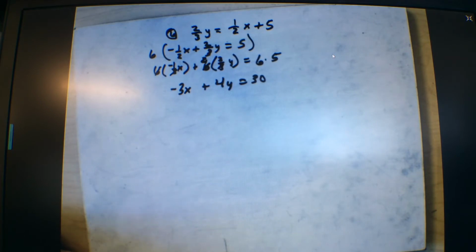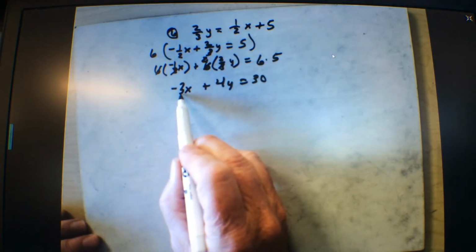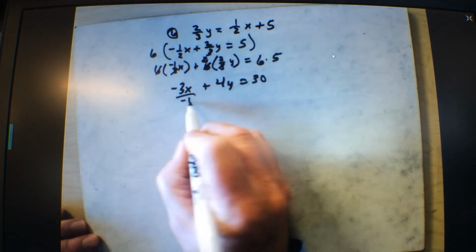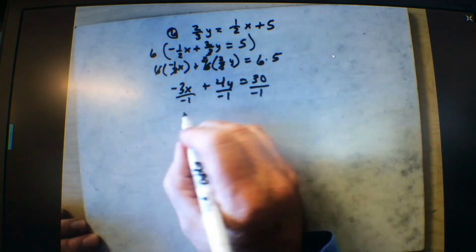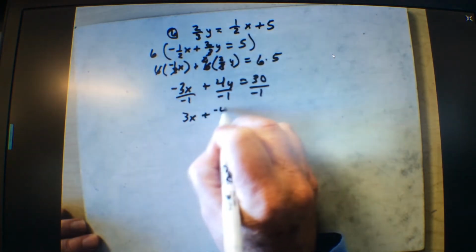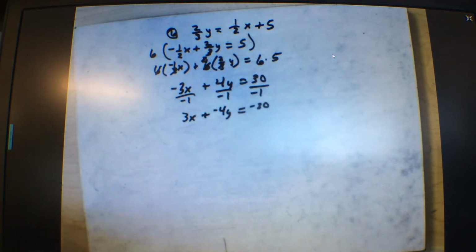Nope, variables are not a problem. See this guy right here? I said A must be positive. So we divide this by -1, this by -1, and this by -1. We get 3x plus a negative 4y equals a negative 30. Basically, all it does is turn everything to the opposite sign, correct?